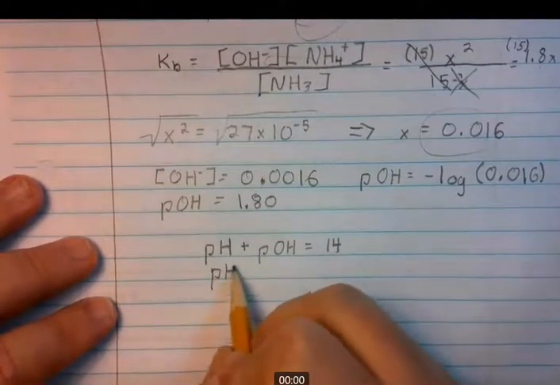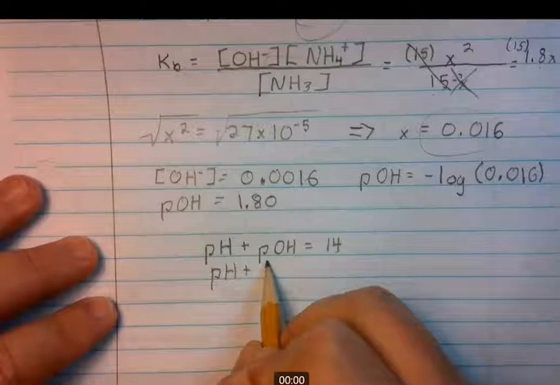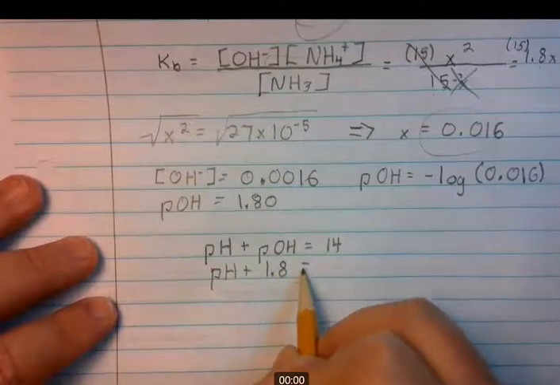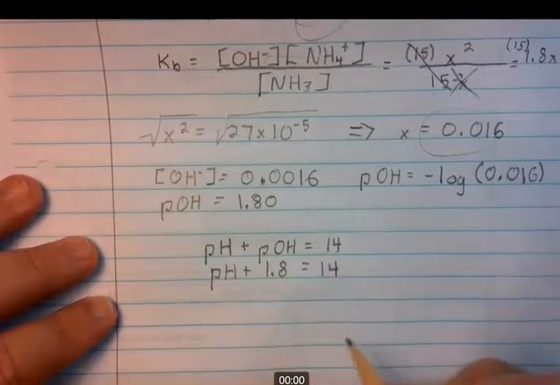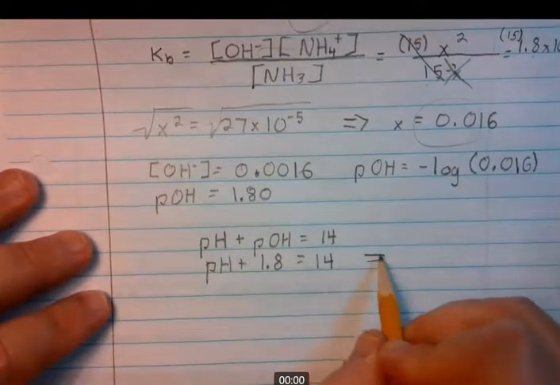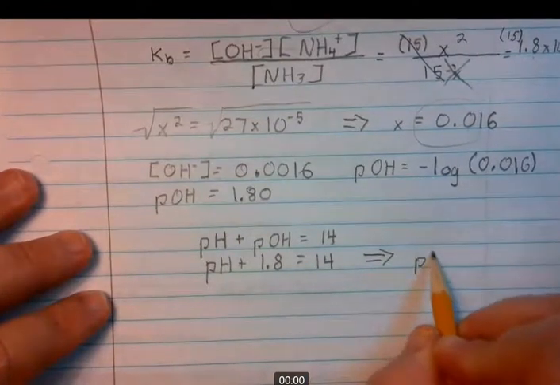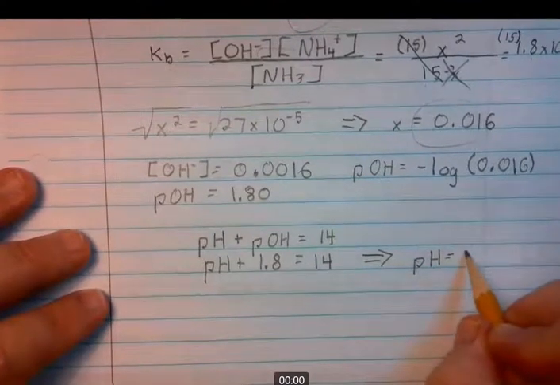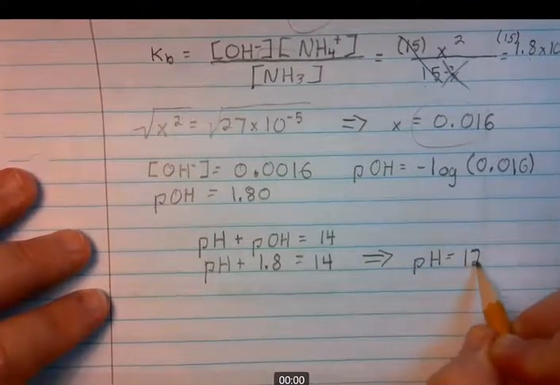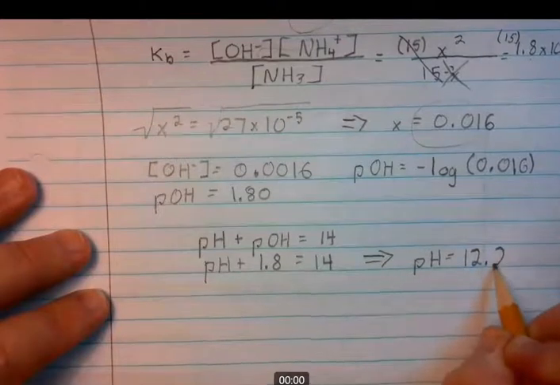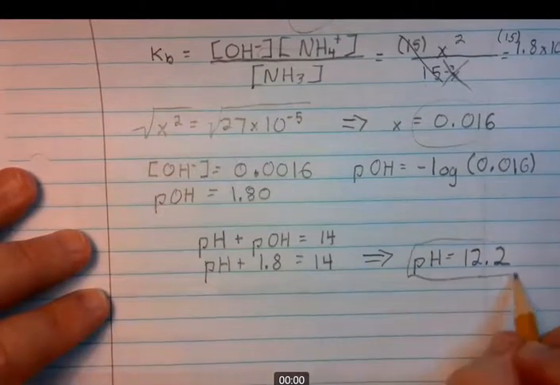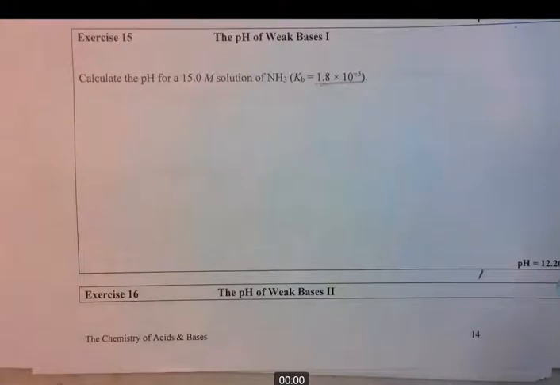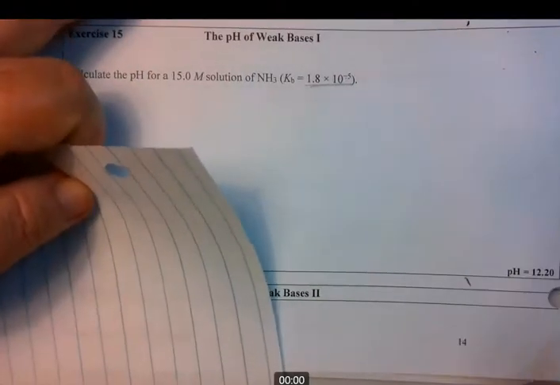So pH plus 1.8 equals 14, and that means pH is going to equal 12.2. Okay, and that's the answer they got. That's the answer they got right there.